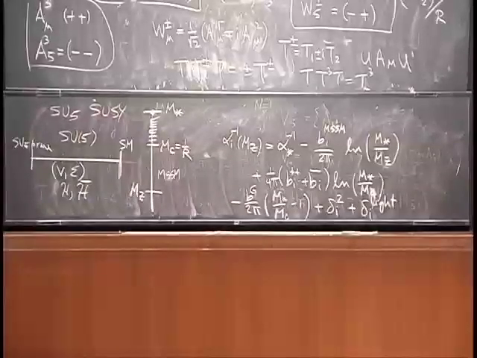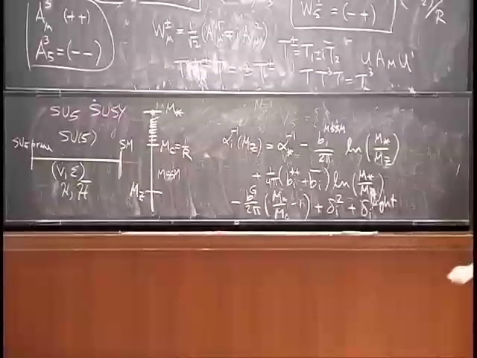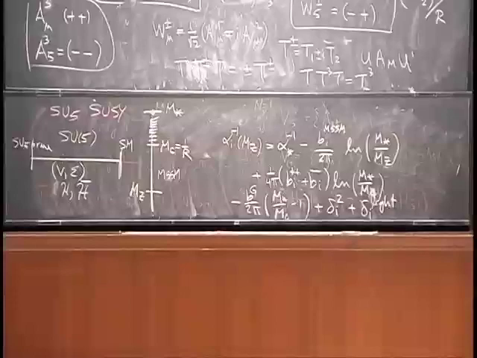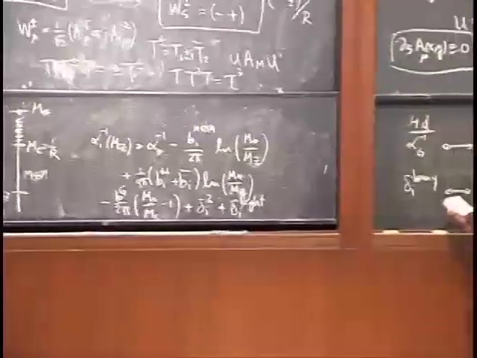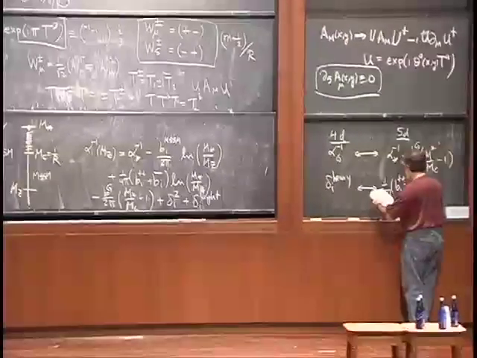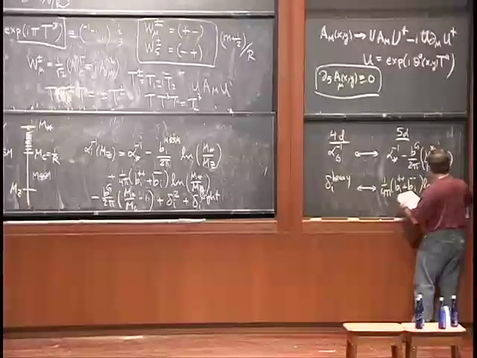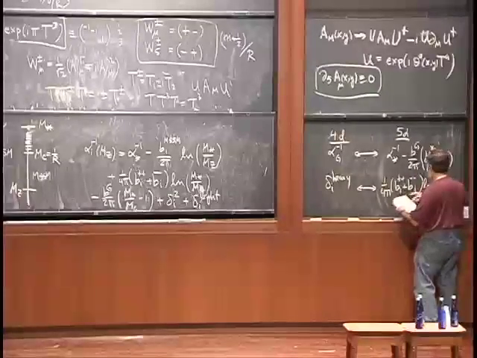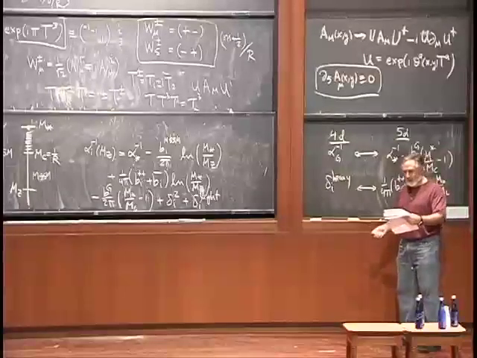I discussed the heavy threshold corrections in the 4D theory, and I showed you they have to be a certain size in order to fit the low energy data. In the 5D theory, this is replaced by 1 over 4 pi (b_i^+ plus b_i^-) log of M star over M_c. So you get threshold corrections. The heavy threshold corrections are now coming from the KK modes.